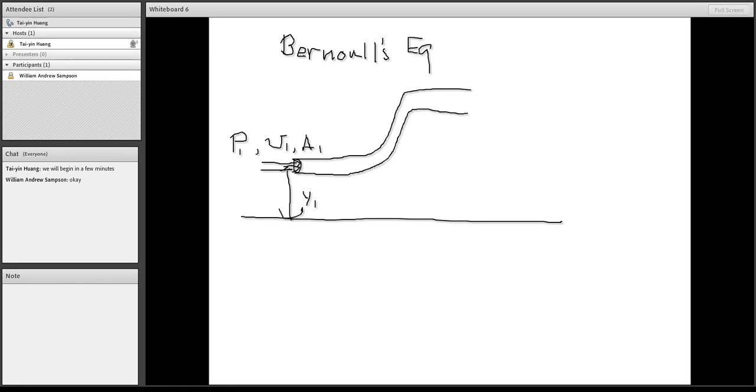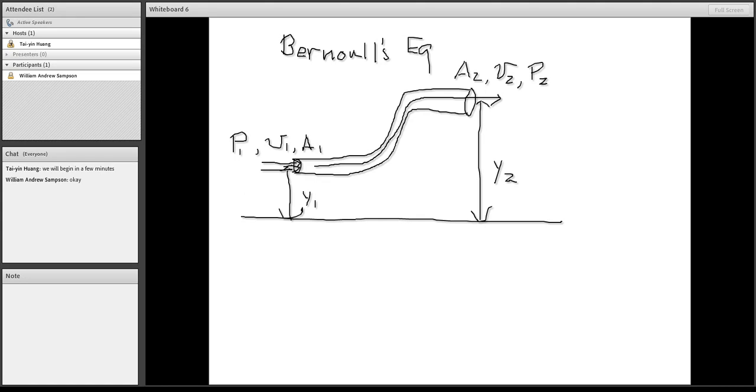Then this fluid flows through the channel and comes out on this side, at a distance Y2 above the ground, with cross-sectional area A2, and the fluid is moving at a velocity V2. On this side, it experiences pressure P2.